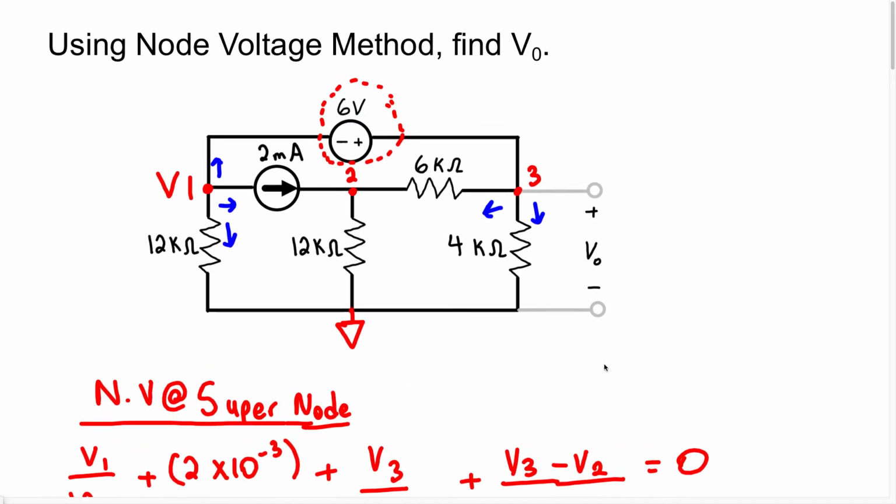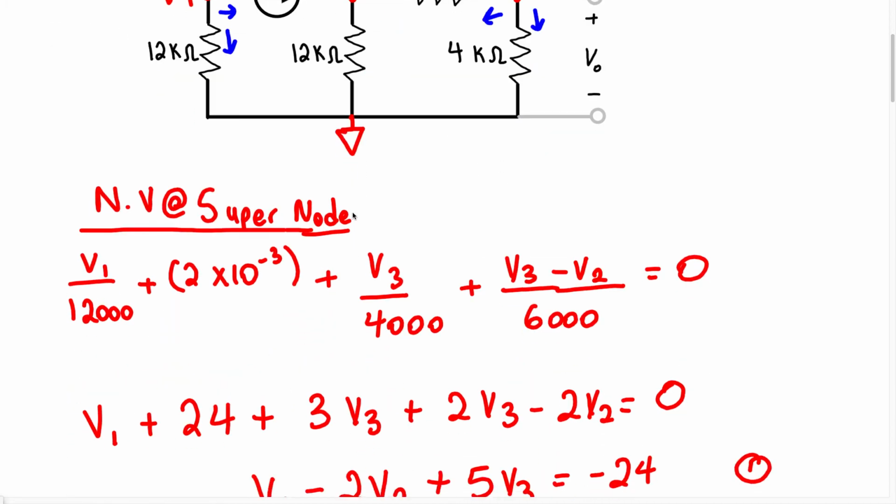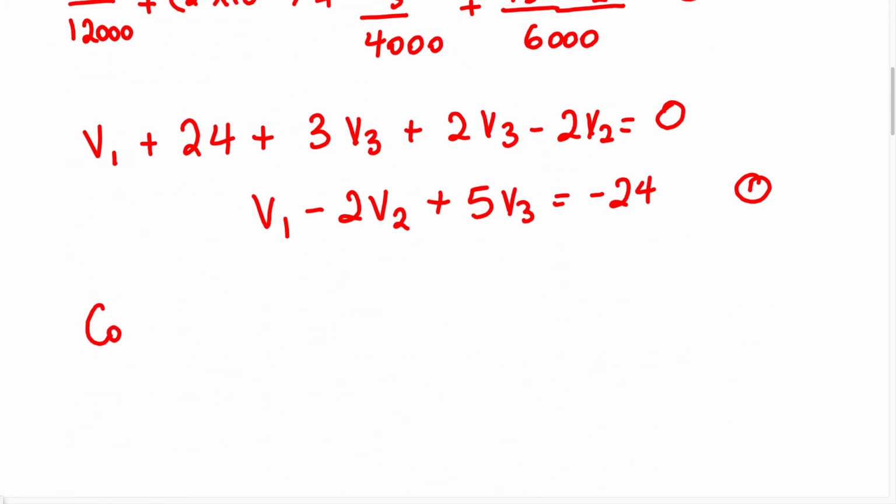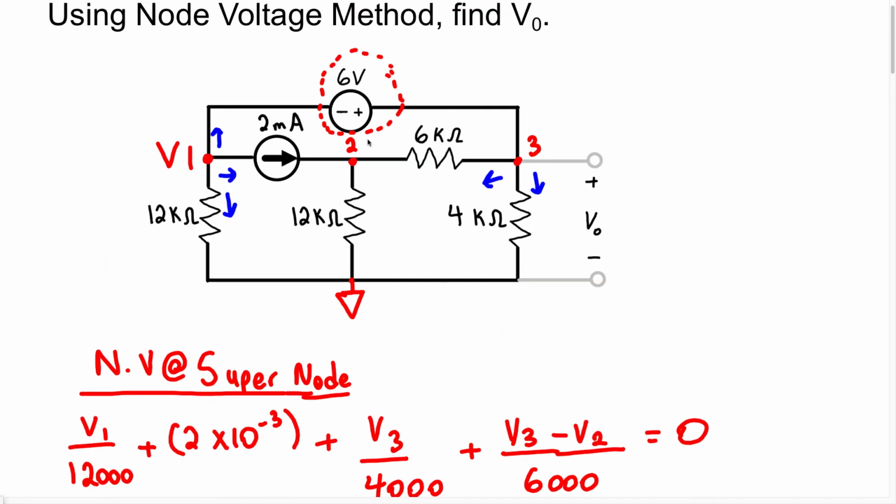Okay, now that we have this, let's also write the constraint equation one time for this supernode. So the constraint equation is going to be, we have this voltage source and we see how the polarities are written.